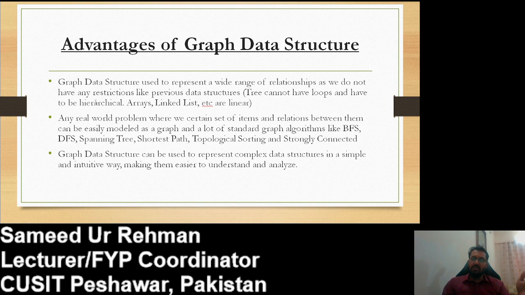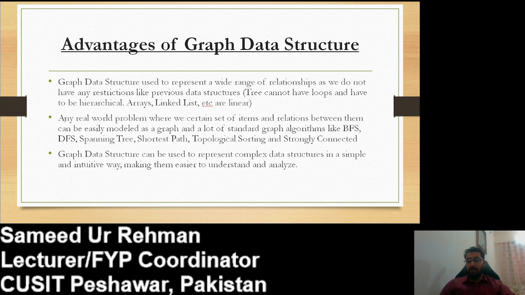There are many other applications or scenarios in which a wide range of relationships are present, so representing those relationships as a graph is very suitable. And the other thing is it has no restriction like previous data structures: trees have hierarchy, and arrays and linked lists are linear data structures, while graphs are non-linear data structures.